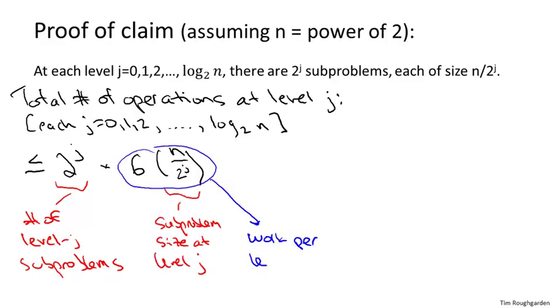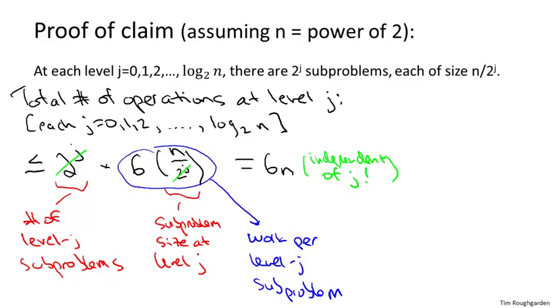So to compute the total amount of work done at level j, we just multiply the number of problems times the work done per subproblem, and then something sort of remarkable happens. We get this cancellation of the 2 to the j's, and we get an upper bound, 6n, which is independent of the level j. So we do at most 6n operations at the root, we do at most 6n operations at level 1, at level 2, and so on. It's independent of the level.